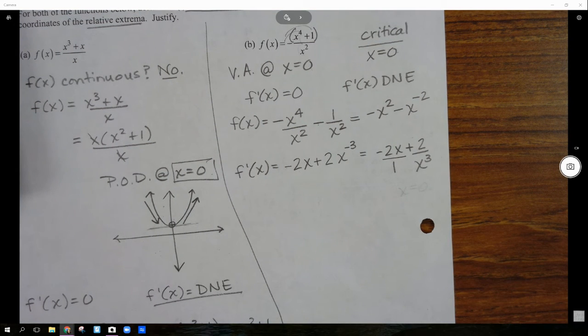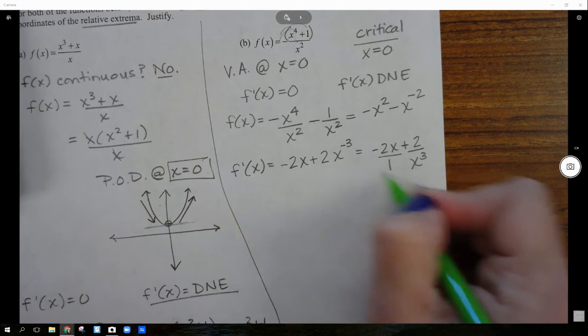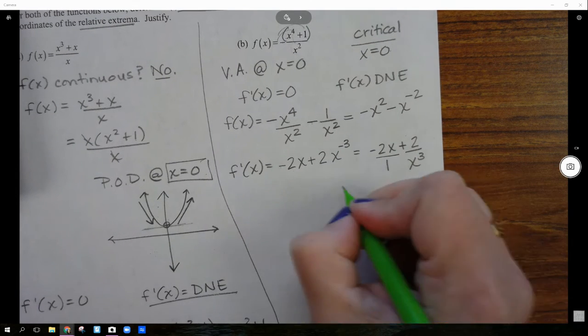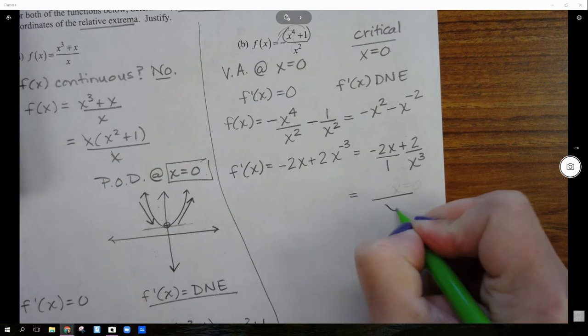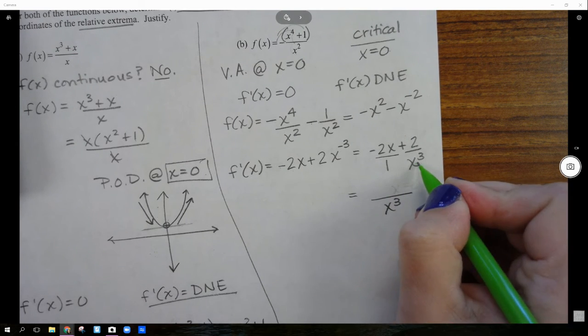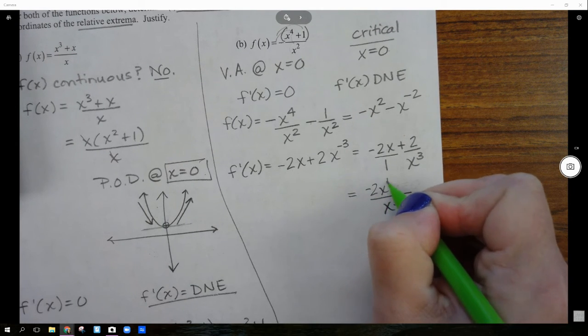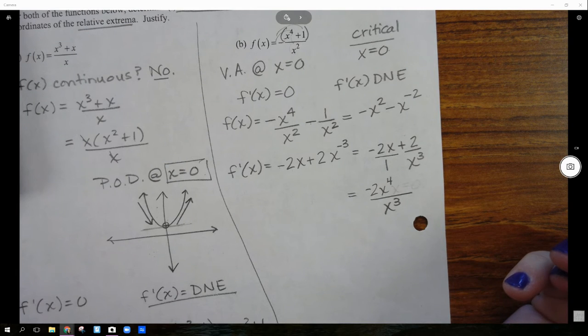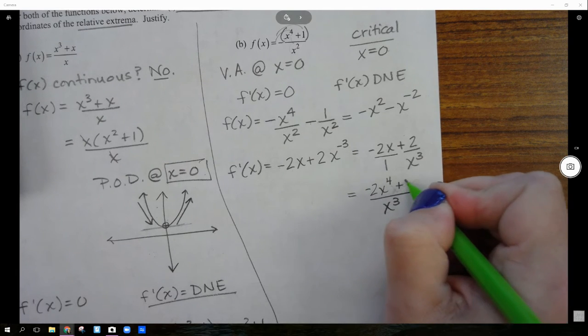The only time you can set the numerator equal to 0 is if you combine it into one fraction. So this will be all over x cubed, negative 2x to the 4th, plus 2.